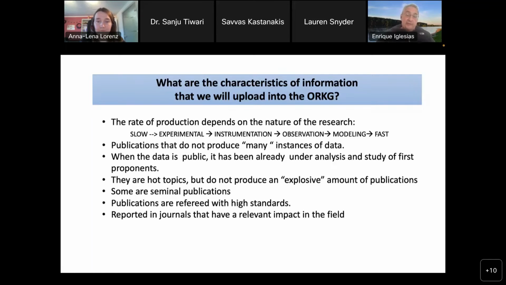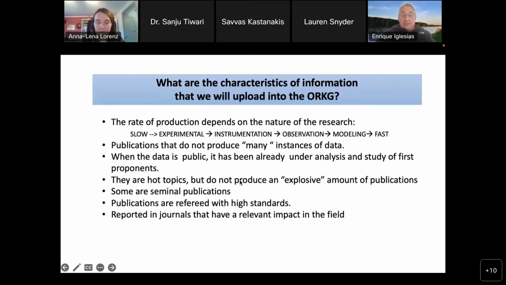That's a relative term, of course, which is different from data having a massive amount of bits and bytes. That's completely different. Many times when the data gets to the public, it has already been under scrutiny by the persons who were the first proponents of the research work.